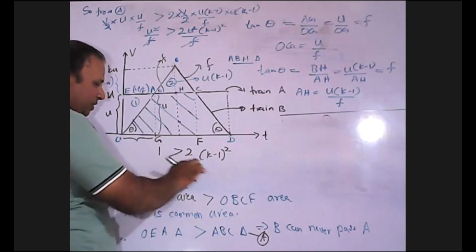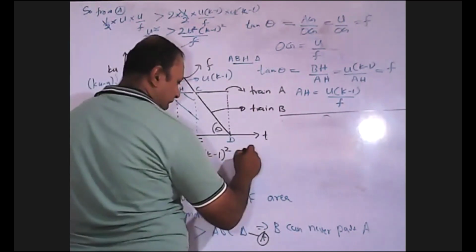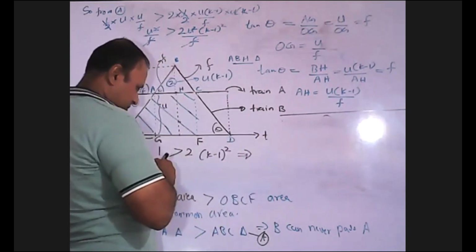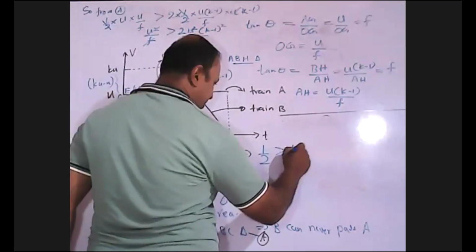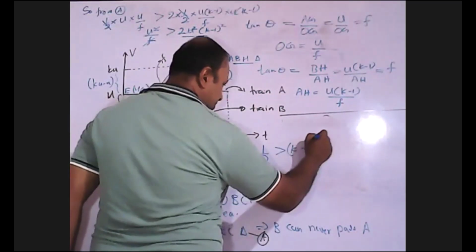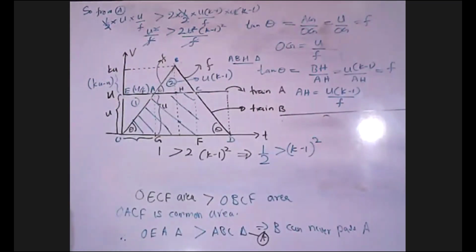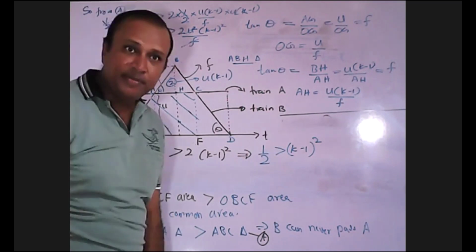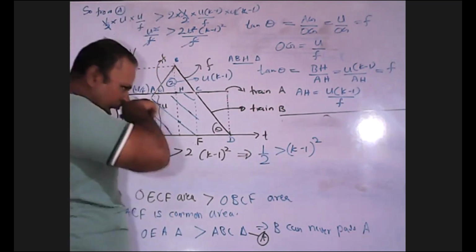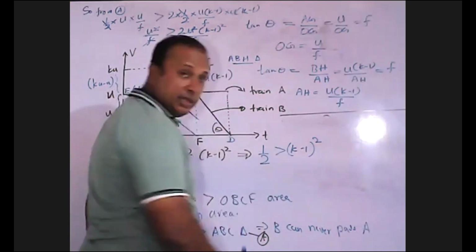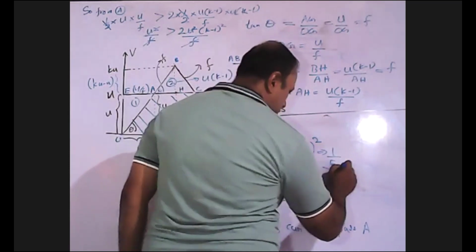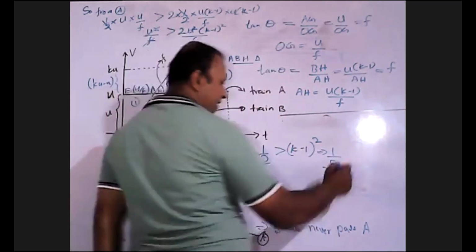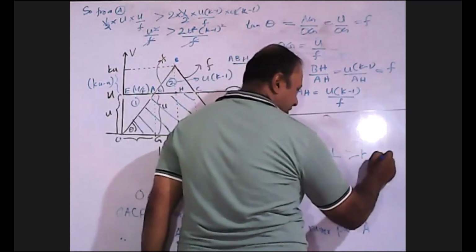So you can divide both sides by 2. Then half is greater than K minus 1 squared. Then you can take the square root of both sides, and you will have 1 over root 2 is greater than K minus 1.